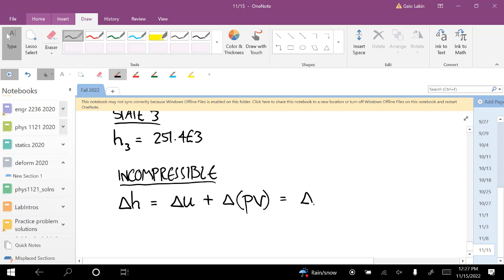Since it's incompressible, we know that the specific volume stays the same, times the change in pressure. But this is constant pressure, so this goes away.